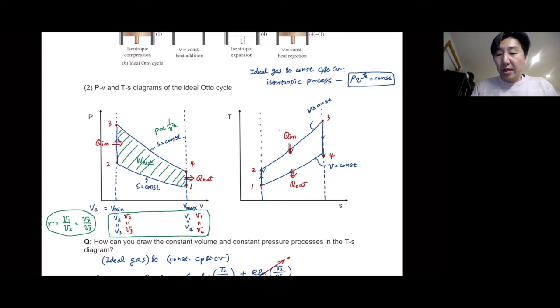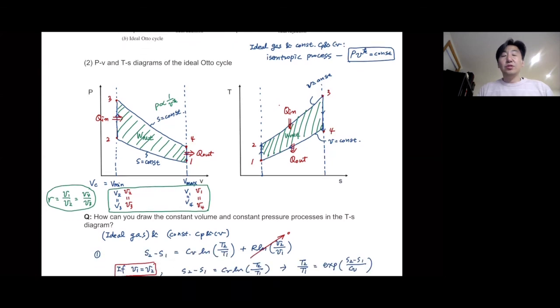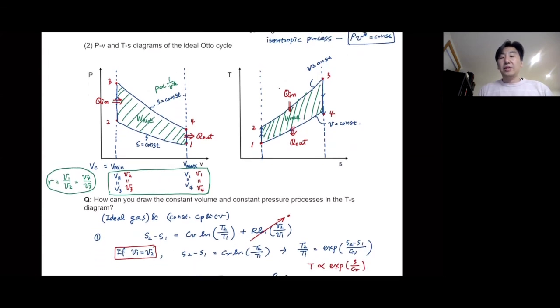And net work can be expressed in terms of the area surrounded by these 4 processes. So that is your net work. Okay? So that is how we can draw the PV diagram and TS diagram for the ideal Otto cycle.